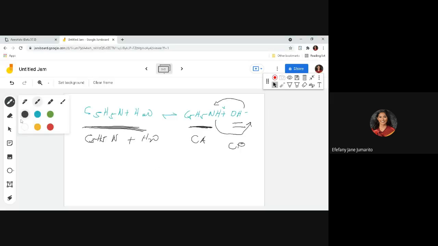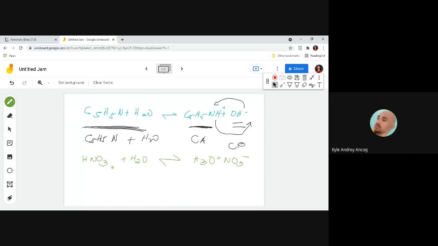Then we have, okay, so if I have this reaction, HNO3 plus H2O, which will become H3O plus and NO3 minus. Of the following, which is an acid? HNO3. Okay, do you agree?